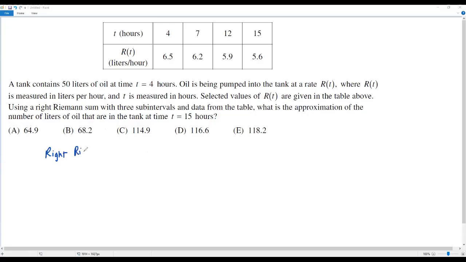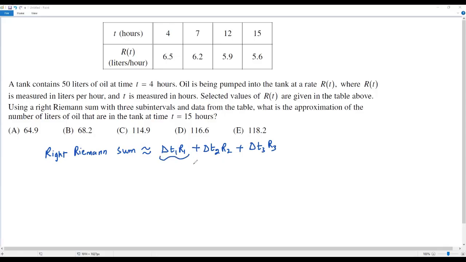Right Riemann sum approximation equals delta T1 times R1 plus delta T2 times R2 plus delta T3 times R3. Delta T1 gives the time duration in the first subinterval, and R1 is the rate at which the oil is being pumped into the tank.